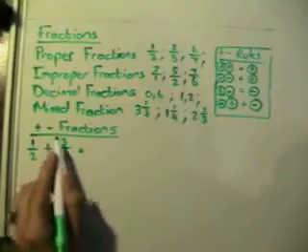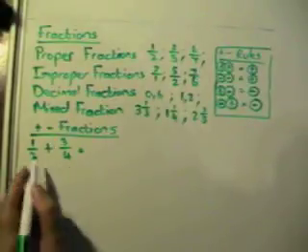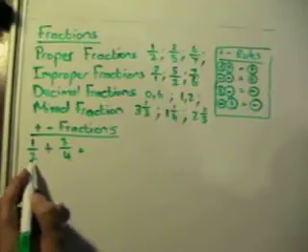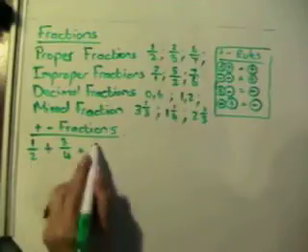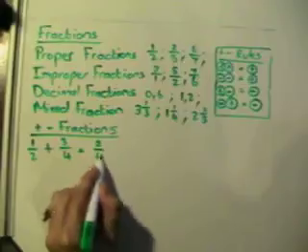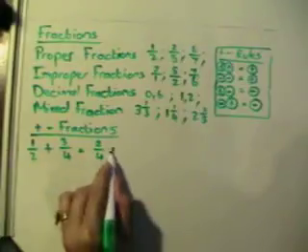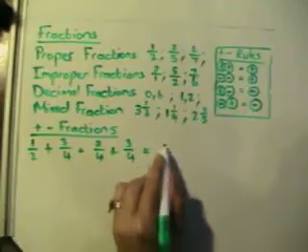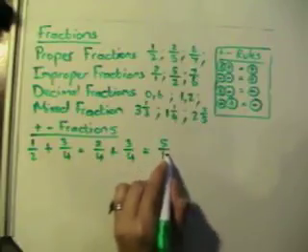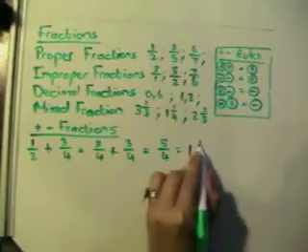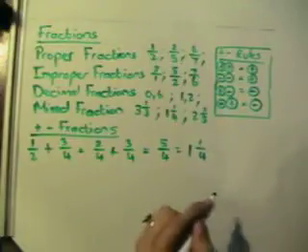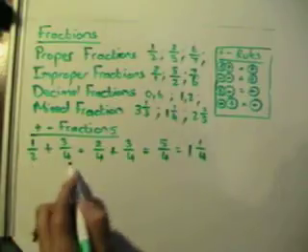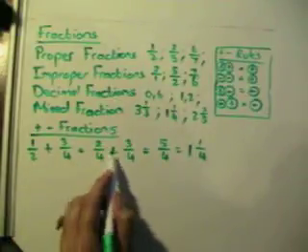I do that by getting equivalent fractions, which means I multiply top and bottom with the same number. Here it will be 2. So I multiply top and bottom of the first fraction with 2, and I add that 3 over 4, and then I have 5 over 4, which is an improper fraction, and I rather want to leave it as a proper fraction.